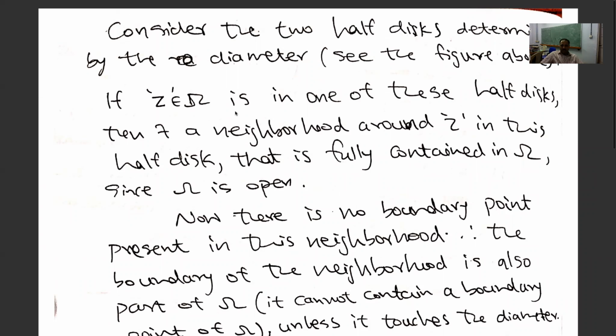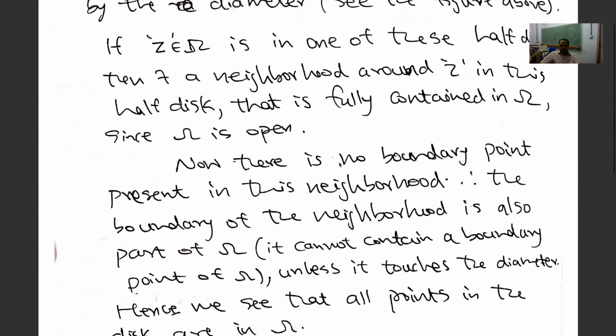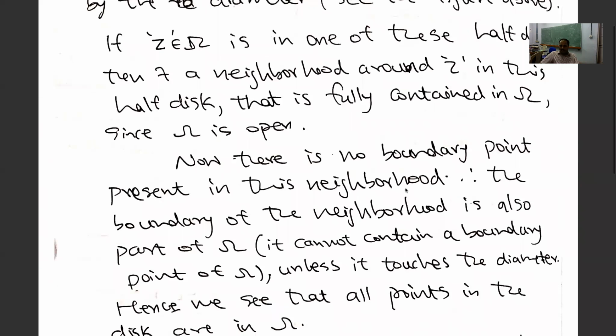Since omega is open, there is a neighborhood which is fully contained in the half disk. But you know that no boundary points are present in this neighborhood other than the points from gamma. Therefore, the boundary of this open neighborhood could not be a boundary point of omega, so it should be a point of omega.